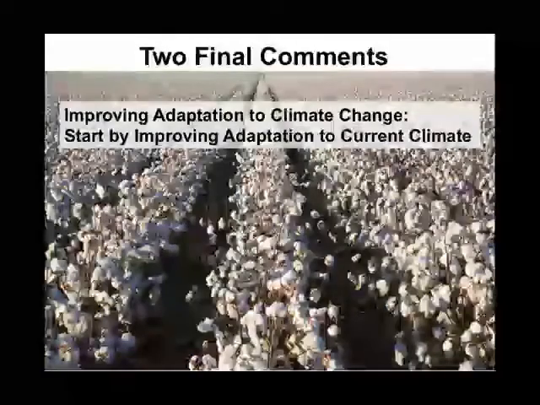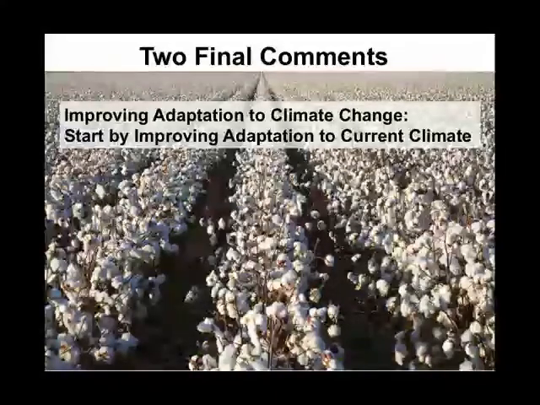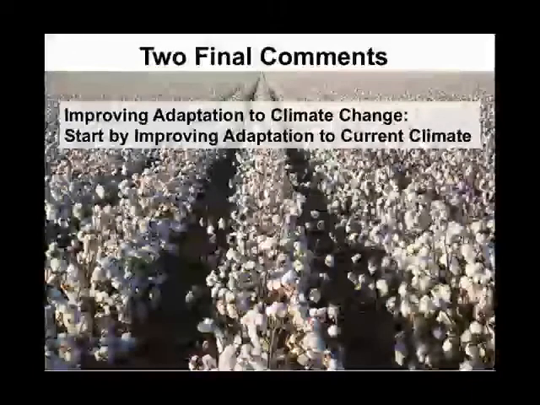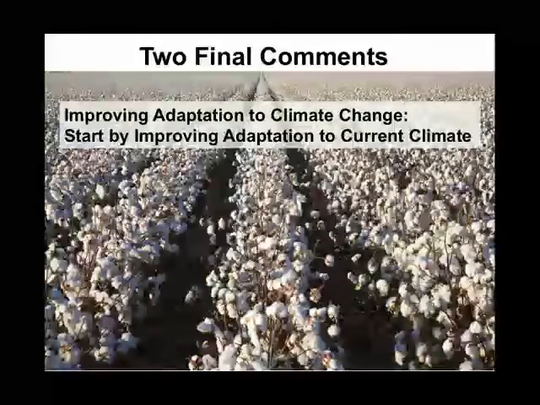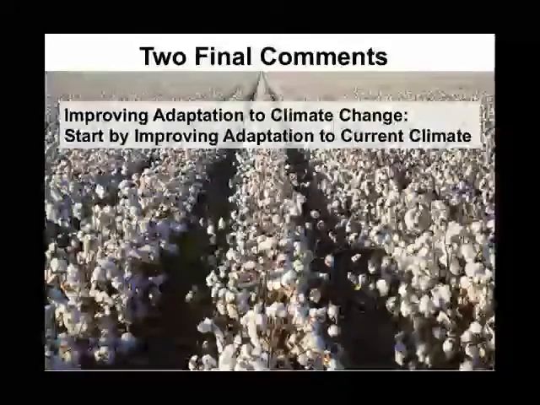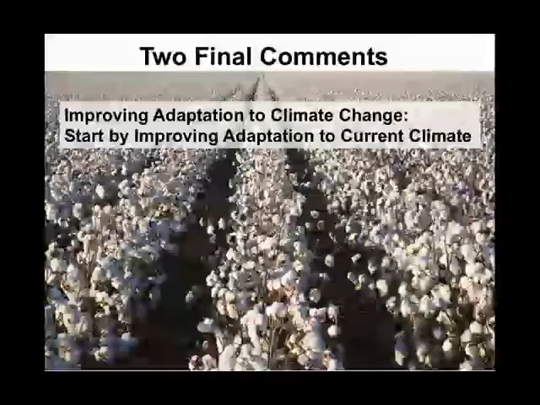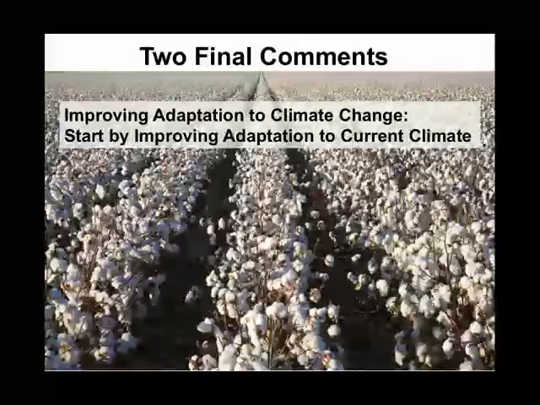We know that temperature will increase, but we're not sure how much, and we're not sure how variable it will be. We don't know what will happen with precipitation at the local level, which is what we need to inform farming operations. And so, what can we do today? Let's start by improving adaptation to current climate.